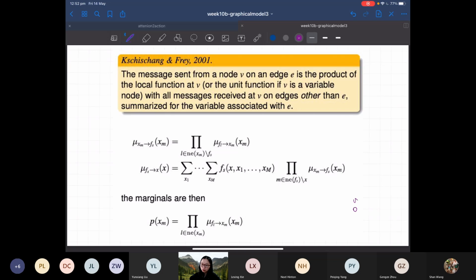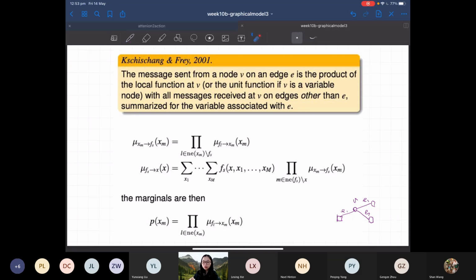So node V, there are several edges connected to it, let's say E1, E2, and E3. And then their neighbors are factor nodes, right? Like this. So node marginal.